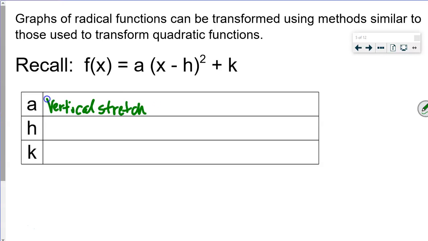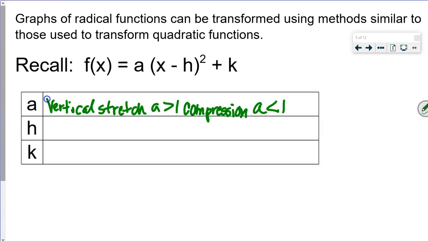So it's a stretch when a is greater than 1, and it's a shrink, or we'll call it a compression, a vertical compression when a is less than 1, okay?